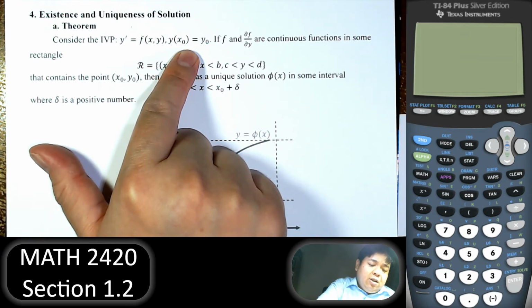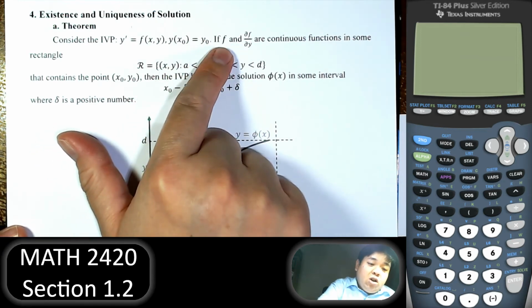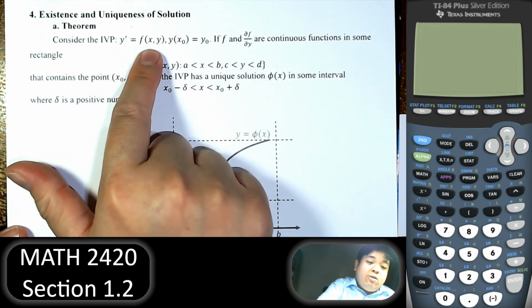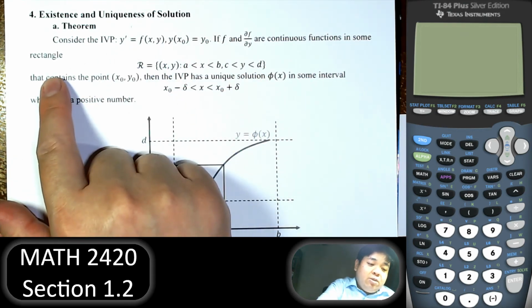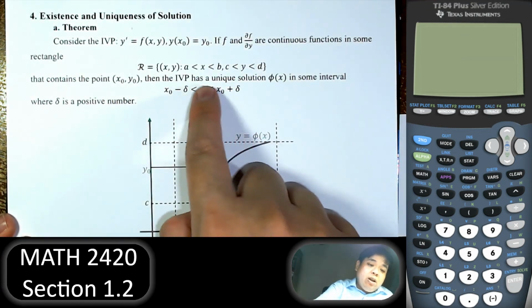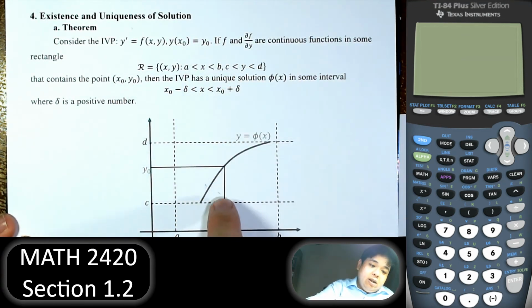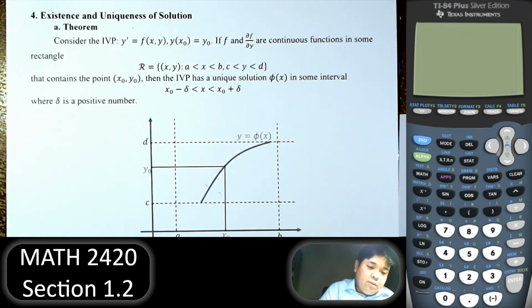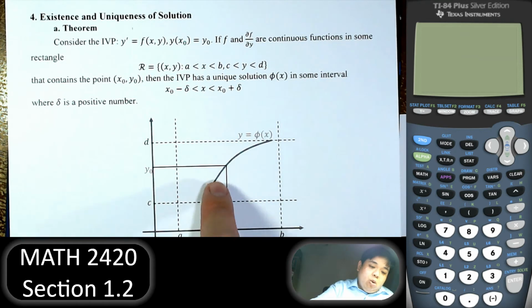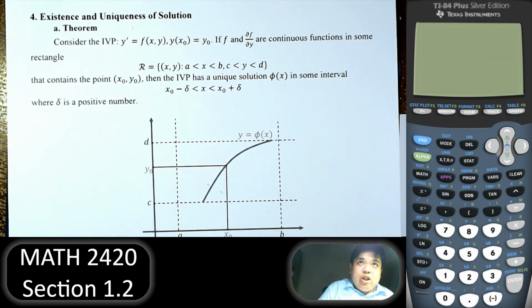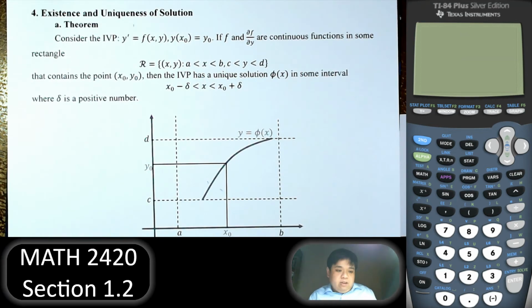The criteria is this: if the function and the partial derivative of that function with respect to y are continuous in some rectangle containing the point, then the initial value problem has a unique solution in some interval, where delta is a positive number.